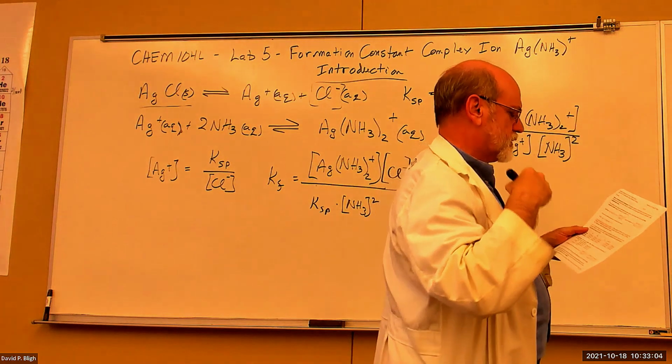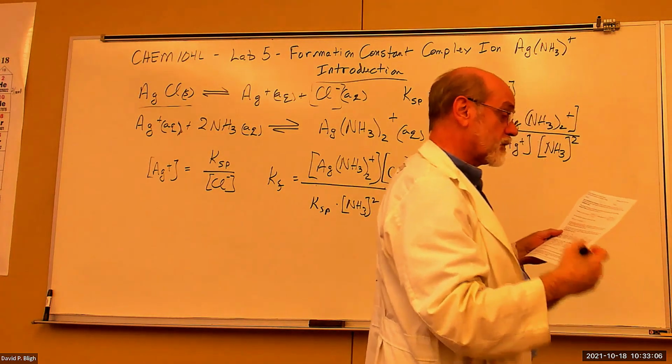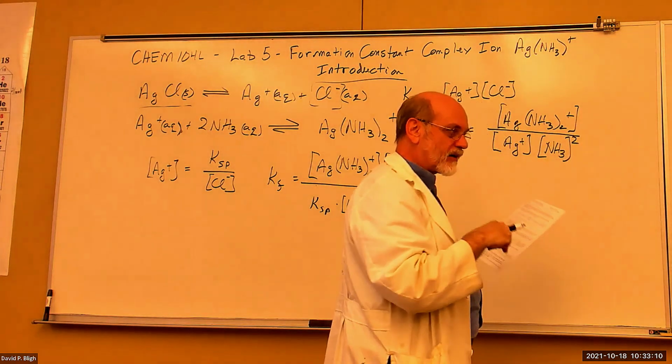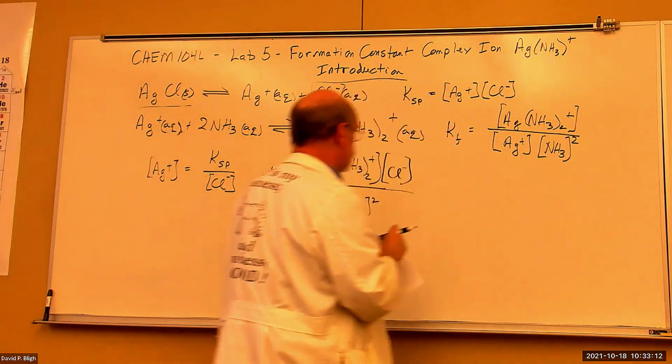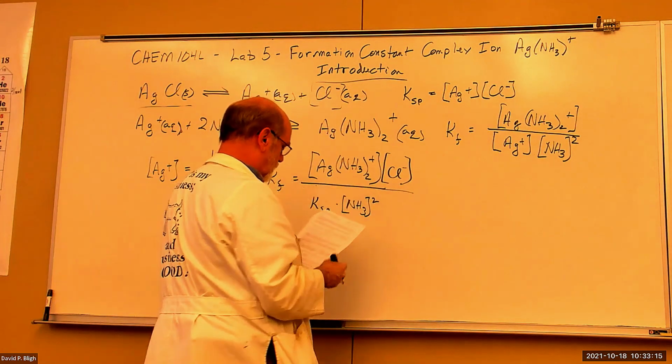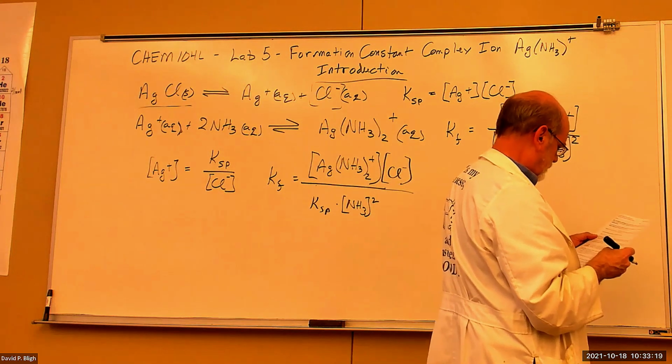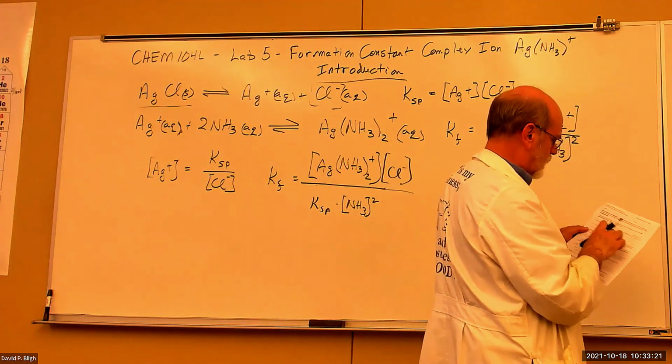Rather than use concentrations, we're going to do ice in terms of absolute amounts, and then we're going to backtrack and calculate concentrations that we can plug into this formula. So that's what this example is for here.